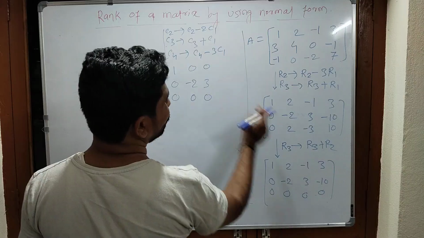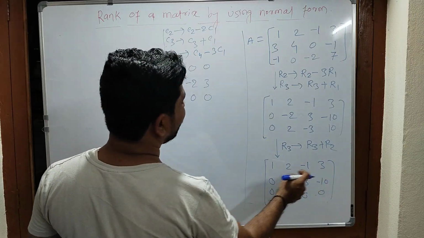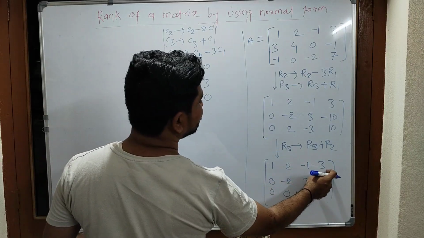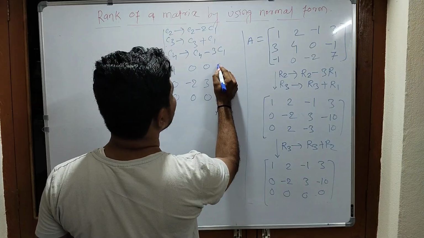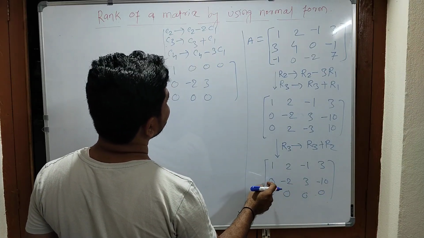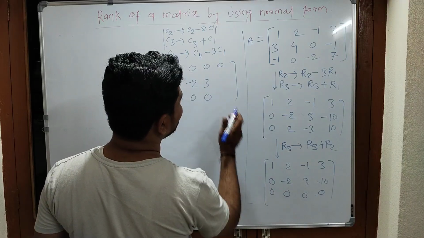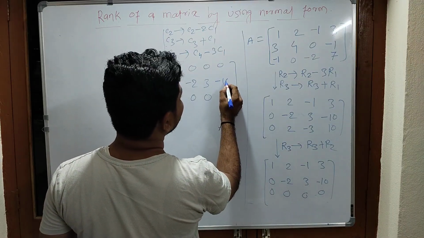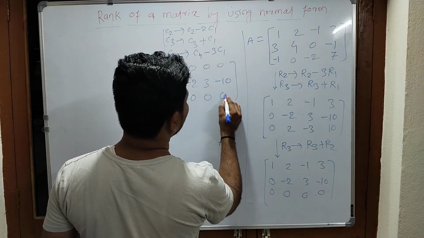Now C4 minus 3 times C1: 3 minus 3 times 1 is 0, minus 10 minus 3 times 0 is simply minus 10, and 0.